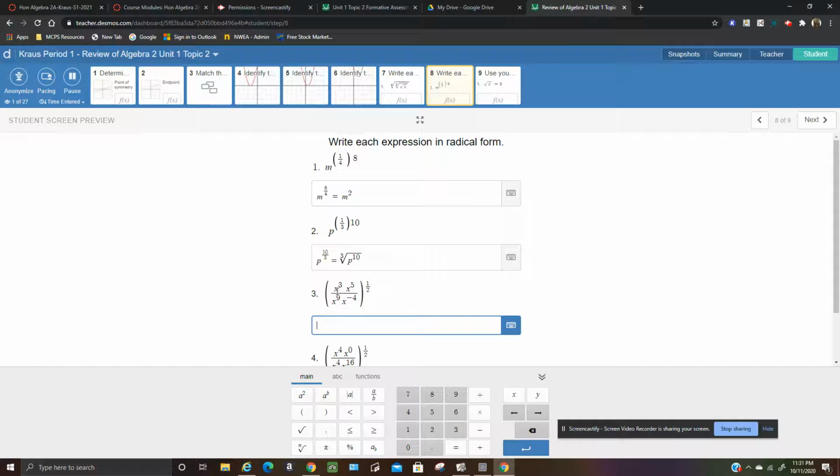And this one, if I do what's inside the parentheses here, so the top, the numerator, I get x to the 8th. In the bottom, I get x to the 5th, sorry, x to the 5th, and close the parentheses there.